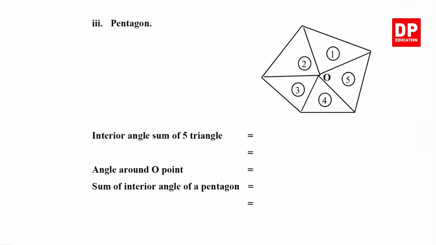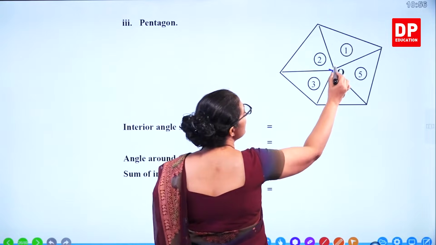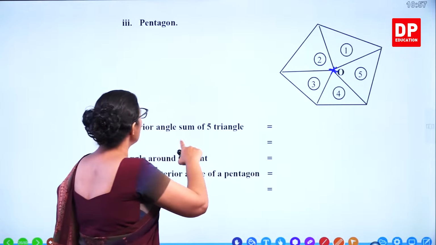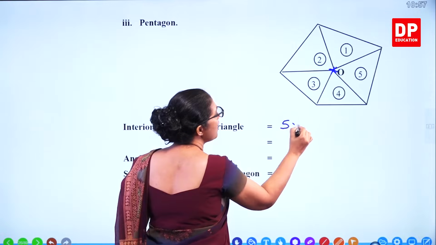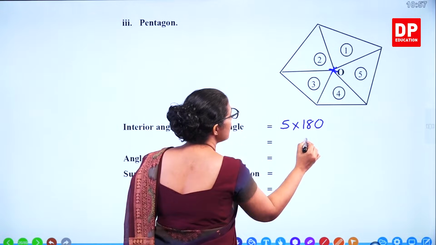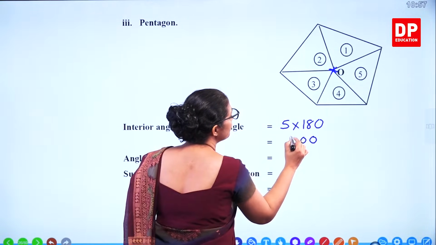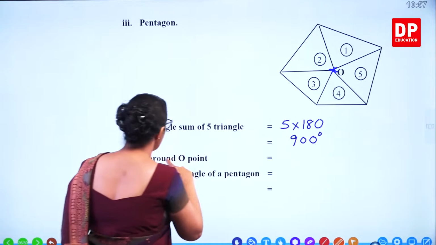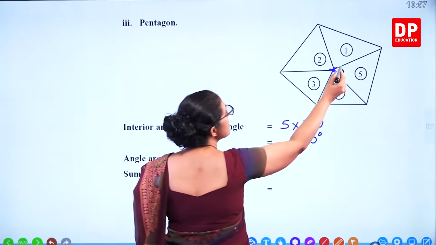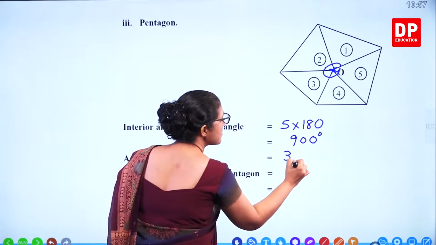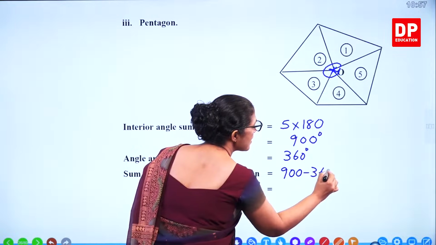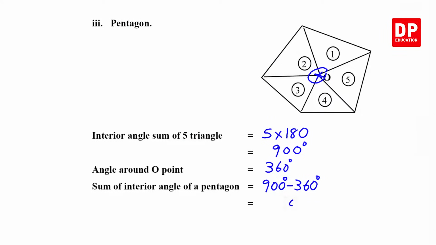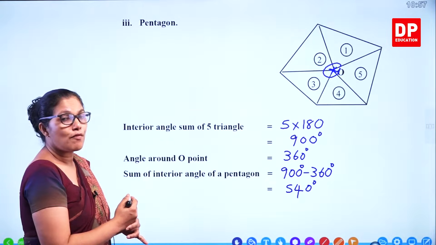Now for a pentagon, when you take this point, the interior angles of 5 triangles, 5 into 180, that's 900. Angles around a point is 360. So what's 900 minus 360? You get 540 degrees. So that's the angle sum of a pentagon.